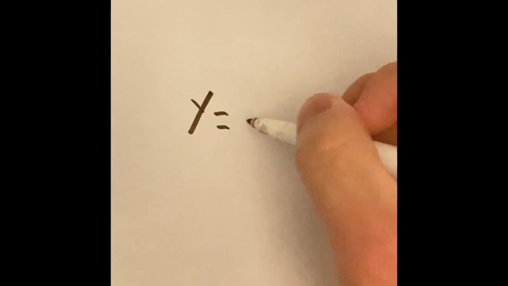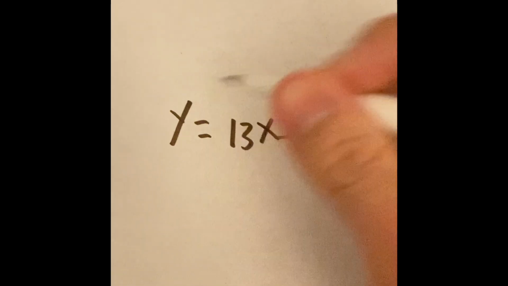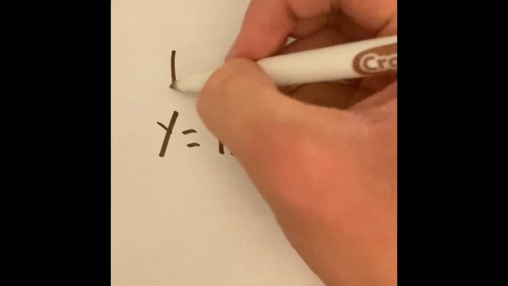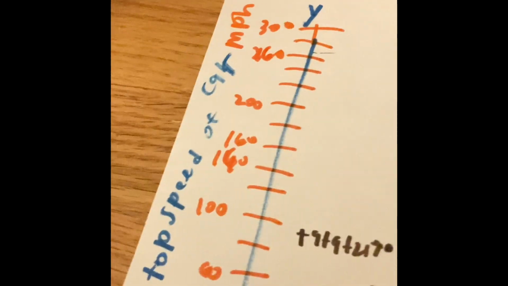When you're trying to do this, we're going to rewrite the formula: y equals 13x minus 4, but instead, we're going to insert 150 miles per hour for y. When we look back at our graph, y represents the y-axis, the top speed of a car.